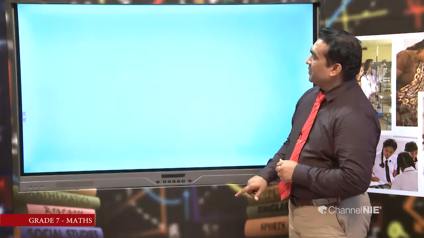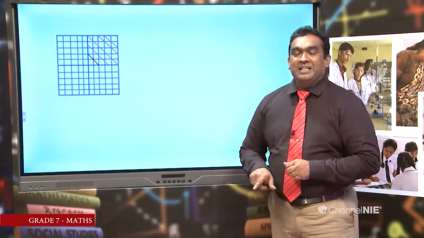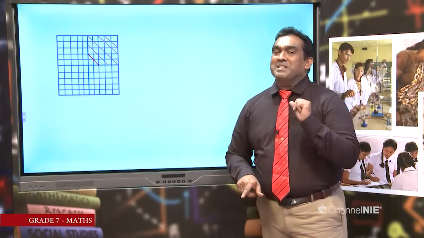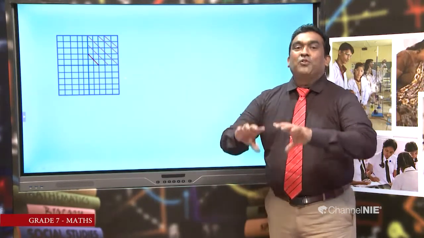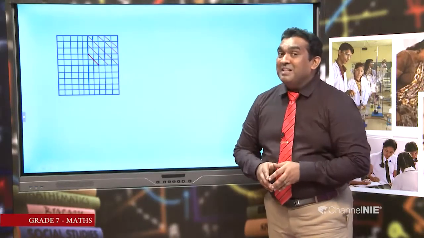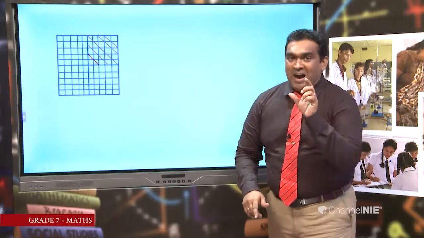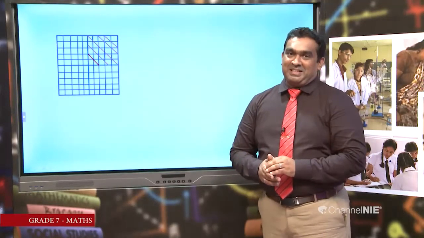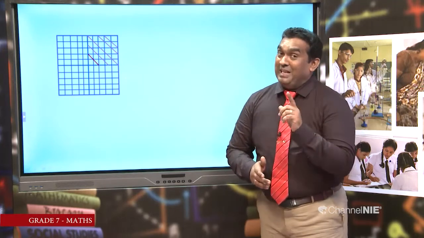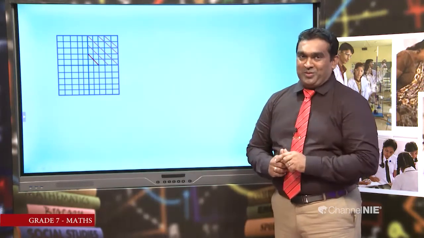Then, how to convert this fraction into a percentage? If you want to make that fraction into a percentage, you want to make 100 parts. In previous situation, you had 4.